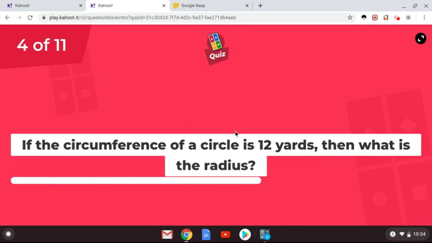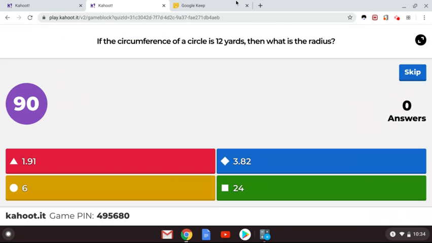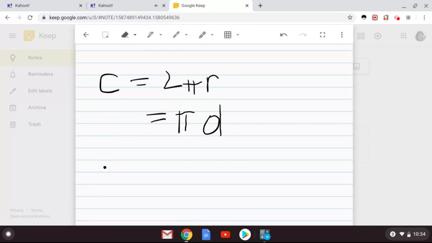If the circumference of a circle is 12, then what is the radius? So the circumference is 12. What is the radius? In this case, we have 12 equals 2 pi r, and then I'd divide both sides by 2 pi.